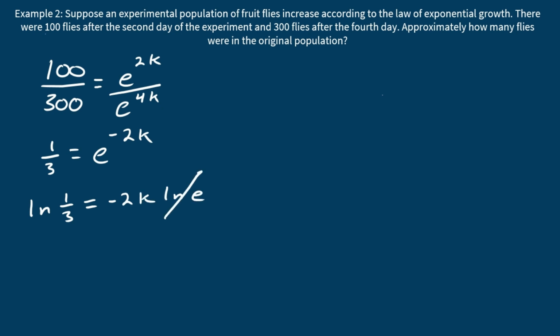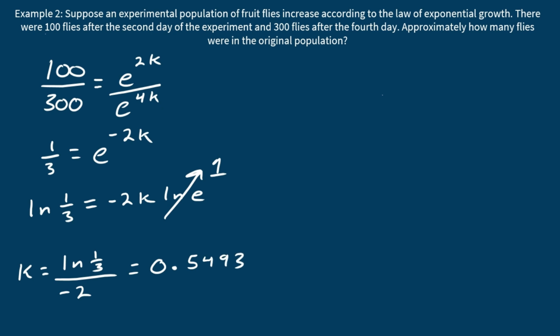And we know that ln of e is just equal to 1. So now I can divide negative 2 to both sides, and we'll have that k is going to be equal to ln of 1/3 divided by negative 2. And when you type this into your calculator, what you'll get is that k is equal to 0.5493.